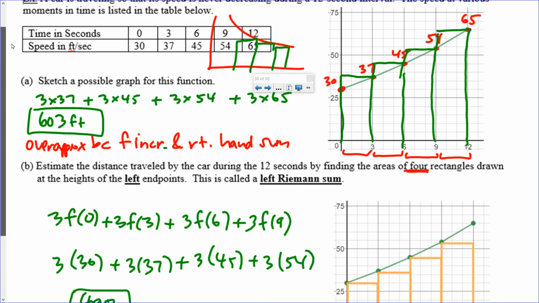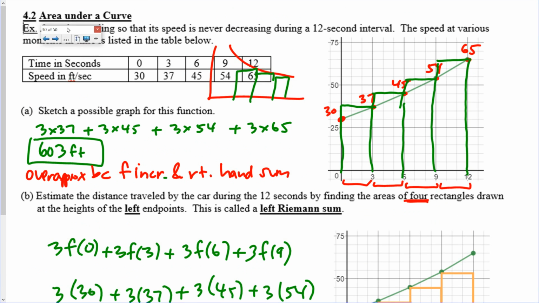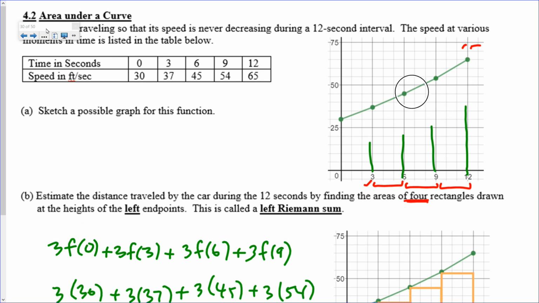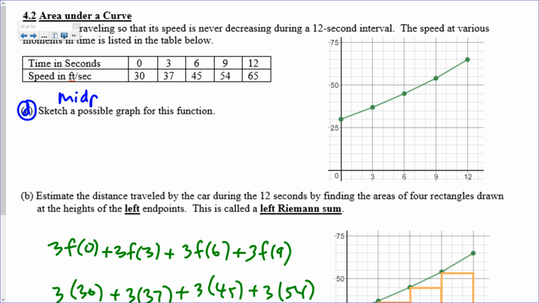All right, let's do midpoints. We're going to use the same things, and we're going to do part C. Part C says do a midpoint method. And actually, how many rectangles does it say? It's actually nicer: 2 rectangles. So we're going to do midpoint and 2 rectangles. Go ahead and sketch your picture.